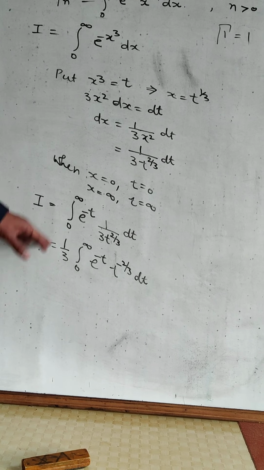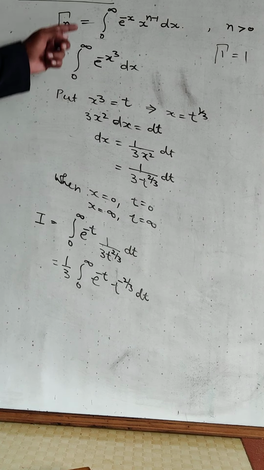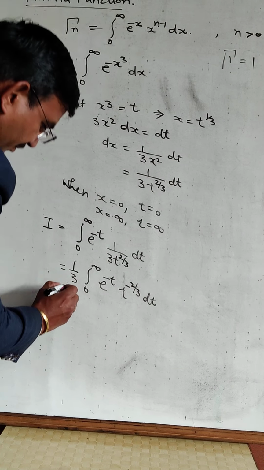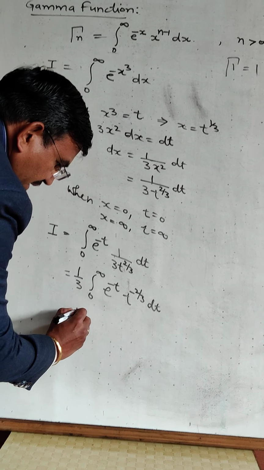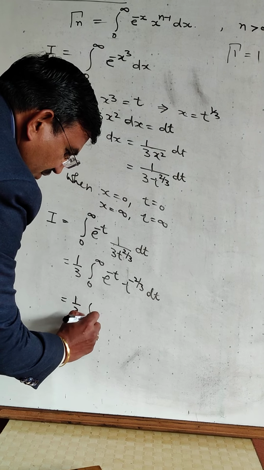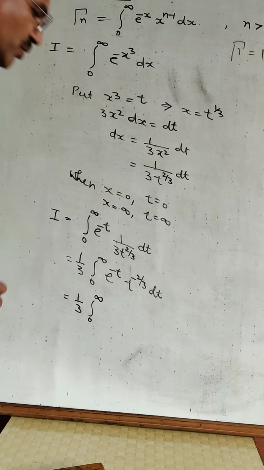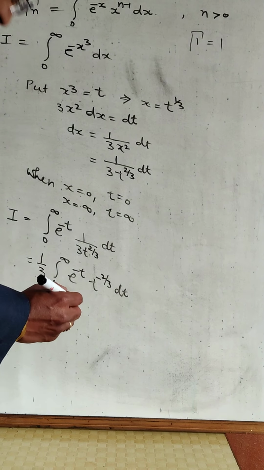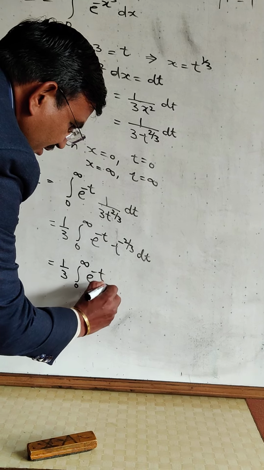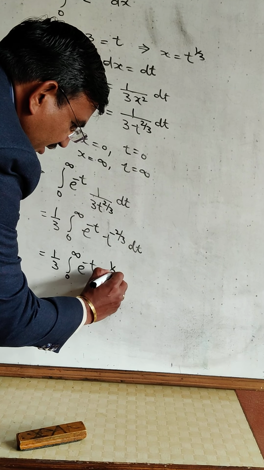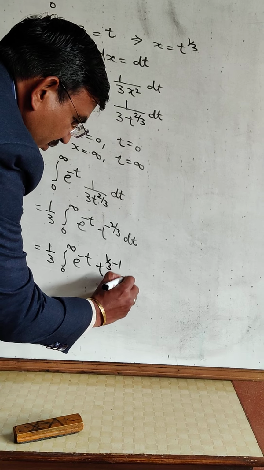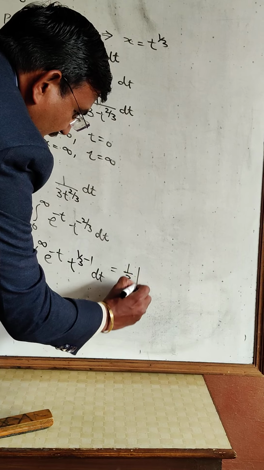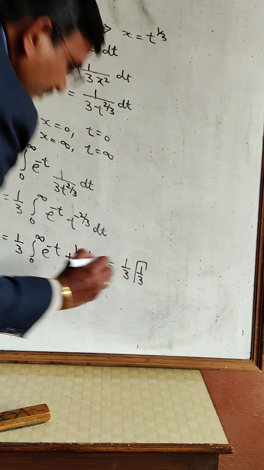And now if we compare it with our standard form, it is the same, and it can be written as 1 by 3 integral 0 to infinity e raised to the power minus t, t raised to the power 1 by 3 minus 1 dt. Now we can write it as 1 by 3 gamma of 1 over 3.